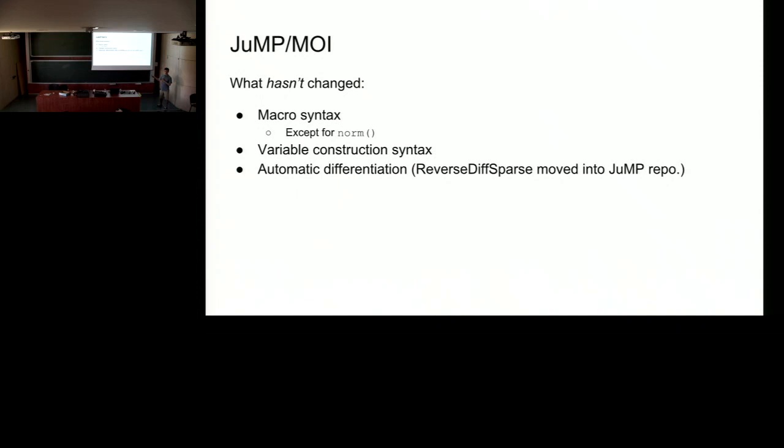It was not sufficiently standalone, so I decided to merge it into JuMP so it's easier to maintain. But the AD code otherwise has not changed. When adding new tests for JuMP, I came up with a bug and fixed a bug that Abel found, but otherwise the AD has not changed.